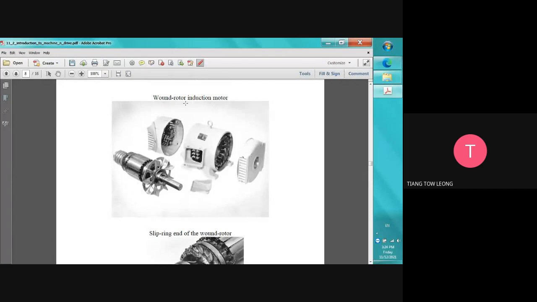Then we have the wound rotor type. The rotor will be totally wound with a winding. So this one is called the armature winding. This field we inject extra VDC or other voltages. But the armature is not.